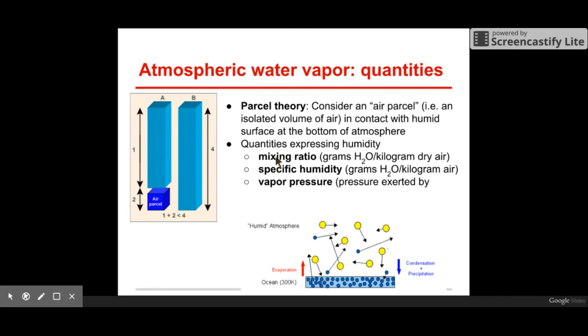But essentially, these three all measure the same thing. They measure how much water vapor is in the parcel of air that you are measuring. So instead of looking at air parcels, in the next portion of the video, we'll examine the entire column of air to see how much water vapor is in it.